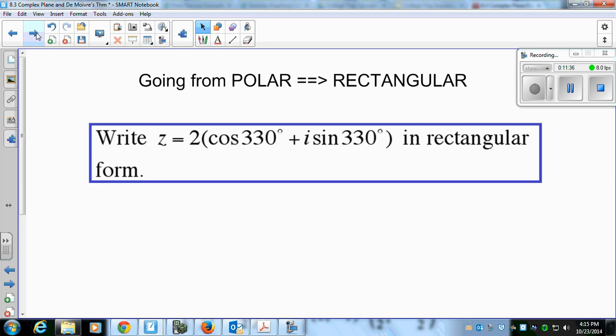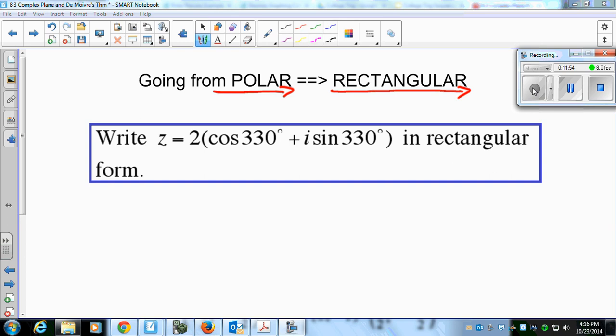Okay, next we have to go the other way around. We have to go from polar to rectangular. Going backwards, I think a picture is always helpful. So 330 degrees, we're going to be over here somewhere, and we have a radius of 2.